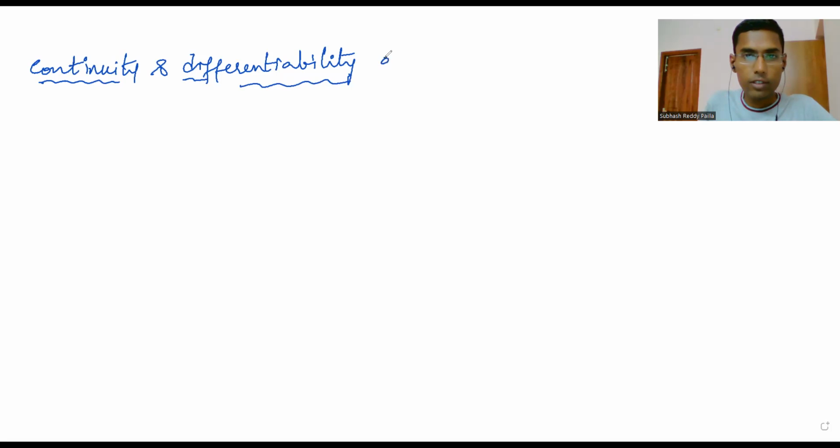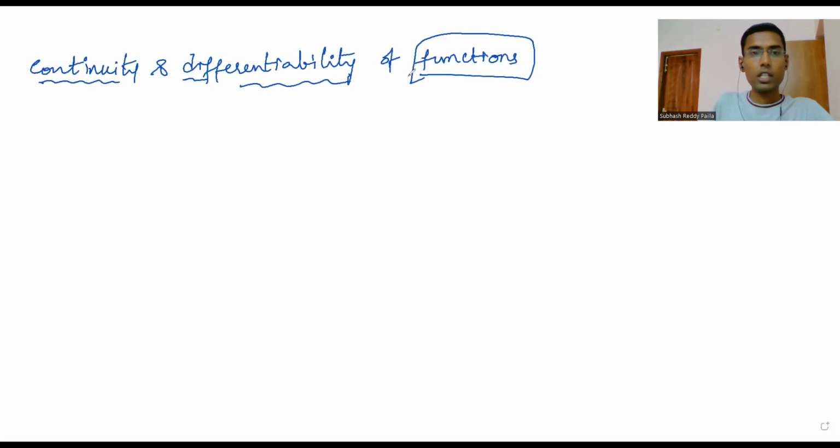Continuity and differentiability of functions. Okay, limits of what? Limit of a function. Similarly, here also continuity and differentiability of what? Of functions. So that's the first thing.